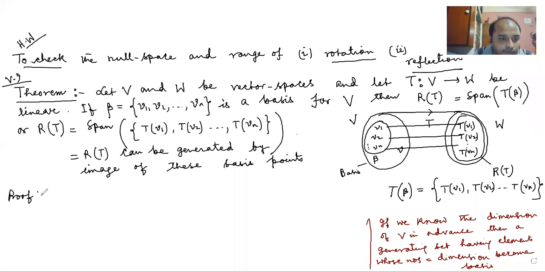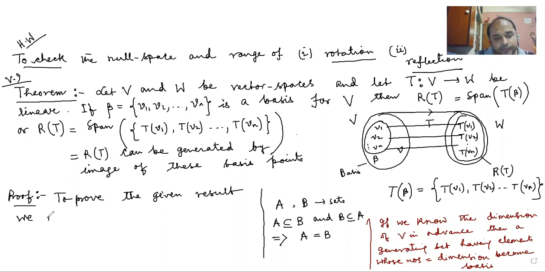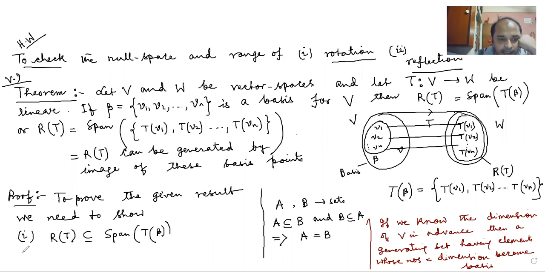Proof: you know that if we talk about two sets A and B, then by set theoretic property, if A is a subset of B and B is a subset of A, this together implies that A equals B. So to prove the given result, we need to show that, number one, R(T) is a subset of span of T of beta, and number two, span of T of beta is a subset of R(T).